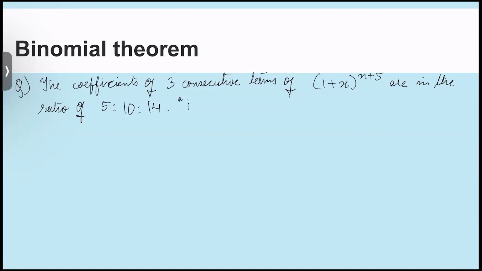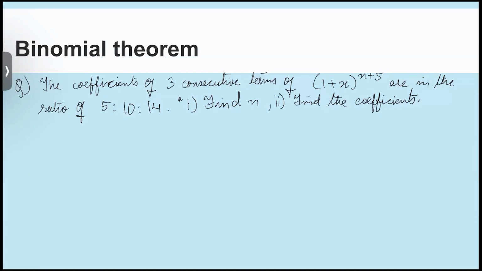The first part of the sum would be to find n, and the second part is to find the coefficients. Suppose we are given this kind of a question.